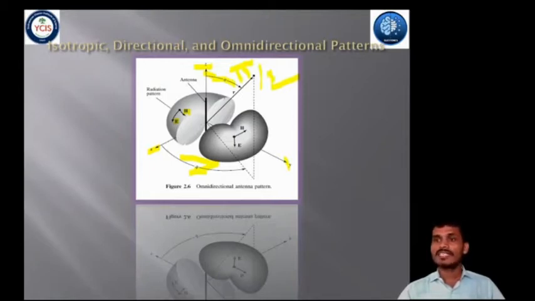This is the principal H-plane and this is the principal E-plane. Is that clear? Now other coordinates can also be selected.